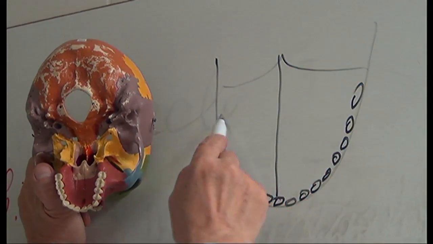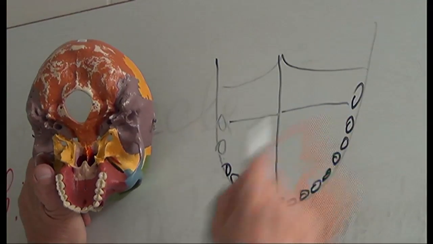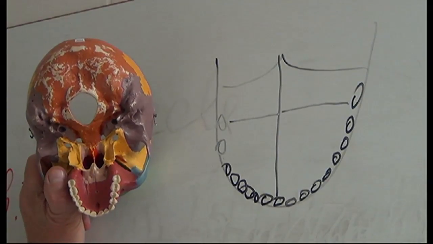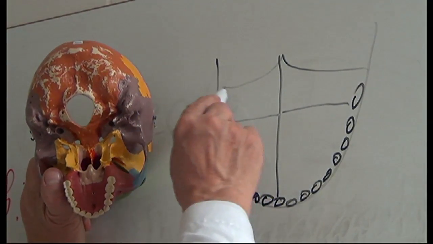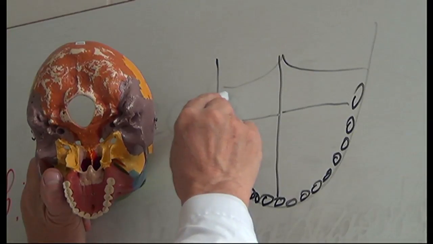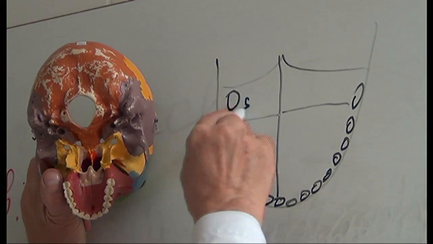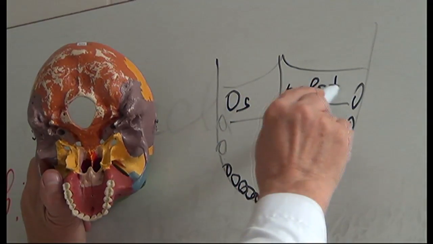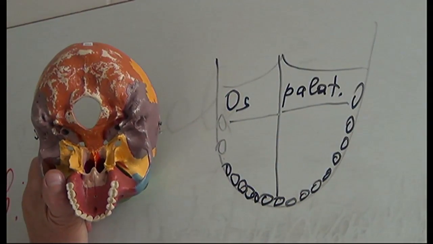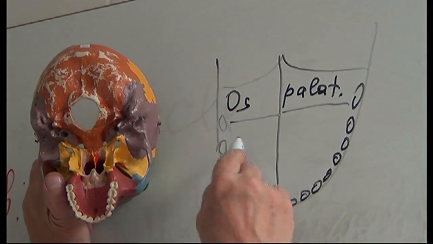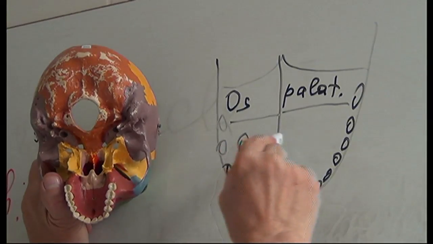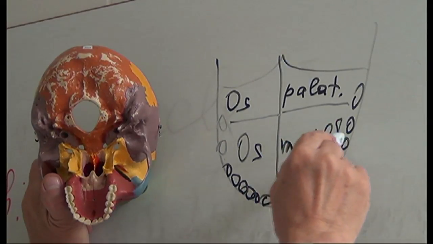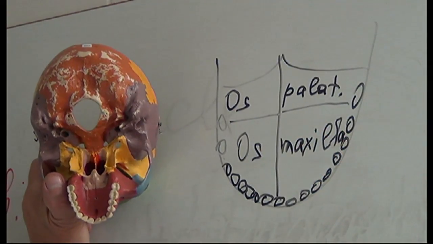So I'd like to demonstrate that the palate consists of these parts. Os palatinum, right and left, and here os maxilla, also right and left.